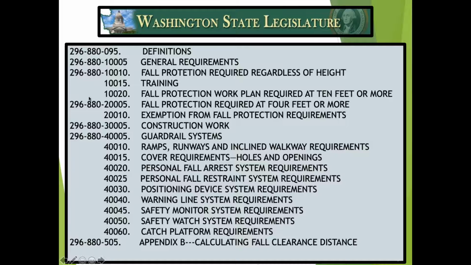If you have site-specific plans, you need to make sure that you're referencing these new code numbers, all right? Do not have your paperwork referencing the old 296-155, Part C-1 or Part K or any of the other parts. We need to start referencing the 296-880.